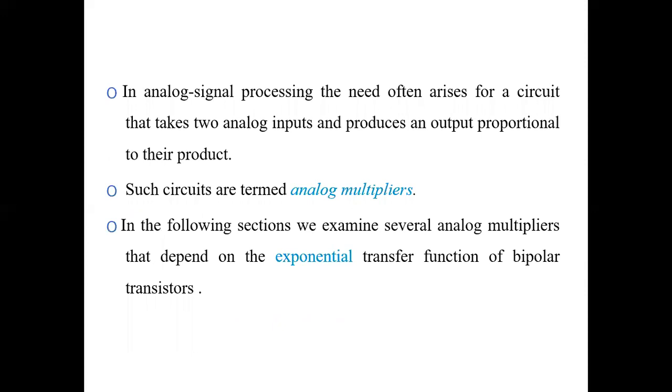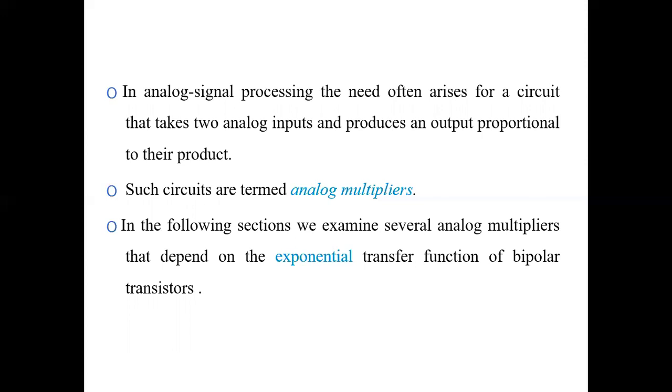In analog signal processing, the need often arises for a circuit that takes two analog inputs and produces an output proportional to the product. Such circuits are termed analog multipliers.